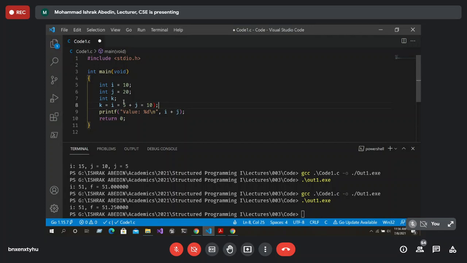The one with the brackets will work, but this one will not. Can you tell me why? Anyone? Because plus has more precedence than equal. Exactly. So this one will be evaluated first, and now it is just j + 5 = 25, and I'm trying to assign to something like this, which is not correct. So this statement will not work.